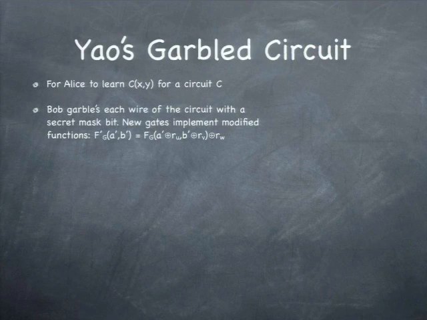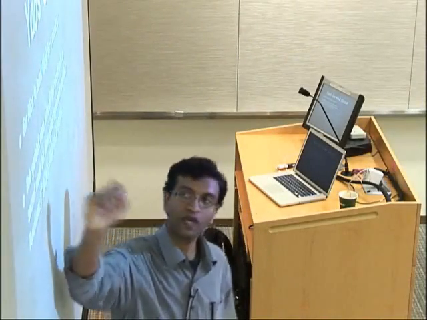Bob takes the circuit C, and for each wire there is a mask bit, a random bit, and you could now imagine a new gate functionality. When I put a prime, it means masked. When I don't have the prime, it's unmasked.